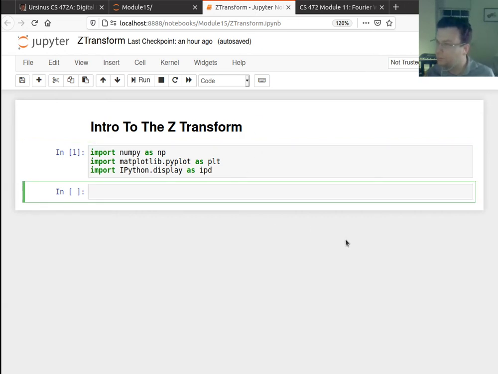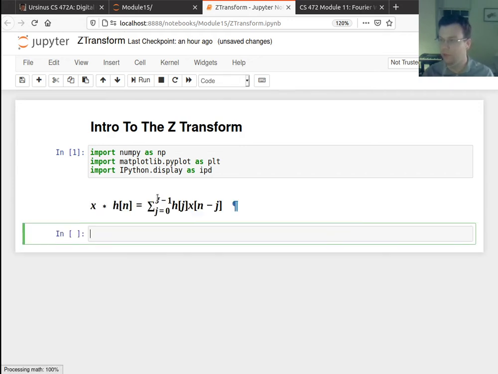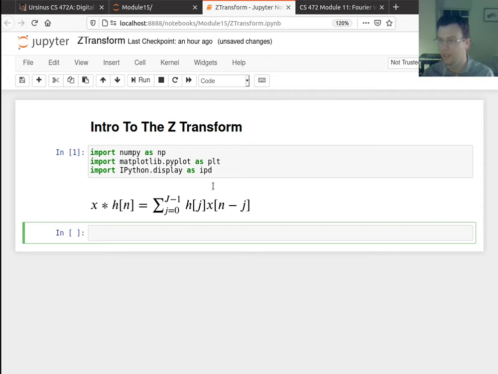Let me start by talking about the low-pass filter that I mentioned before. I had this equation for the convolution, and I said, as an example, let's suppose that h of 0 is 1 and h of 1 is 1.